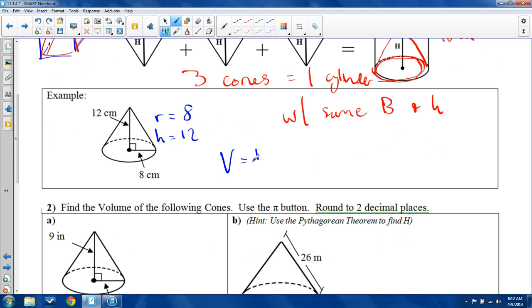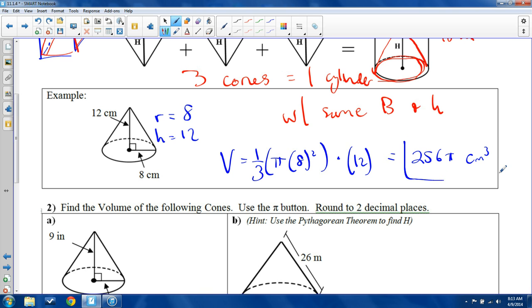So the volume is 1/3 the area of my base, pi r squared, times height. I'm doing it all in one motion here. 1/3 of 12 is 4. 8 squared is 64. 64 times 4 is 256. So I get 256 pi cubic centimeters. Skipping some of the math there, you can use your calculator for that as you go.